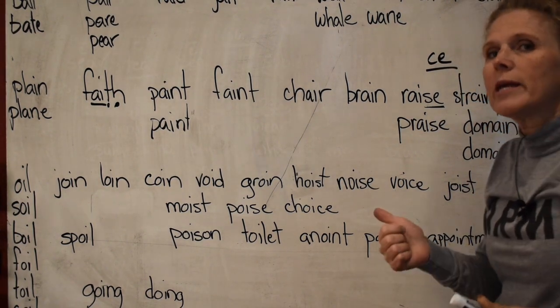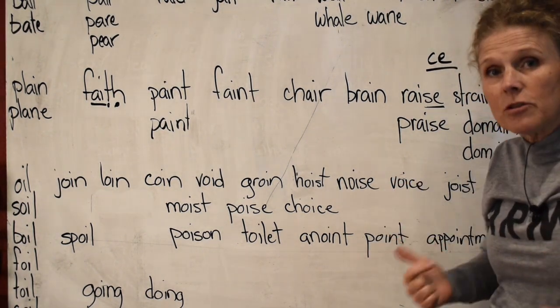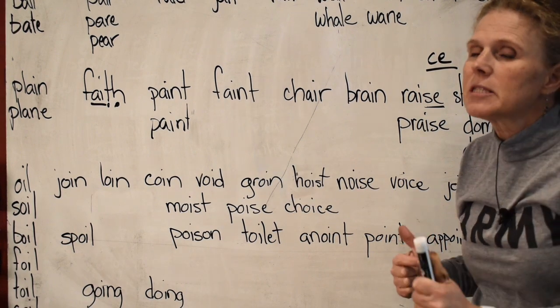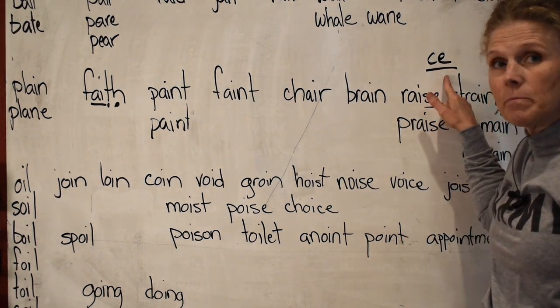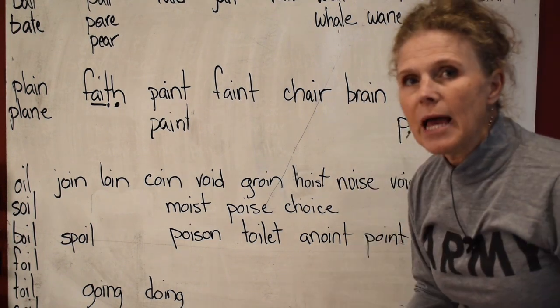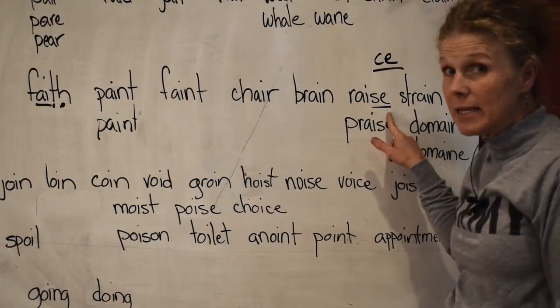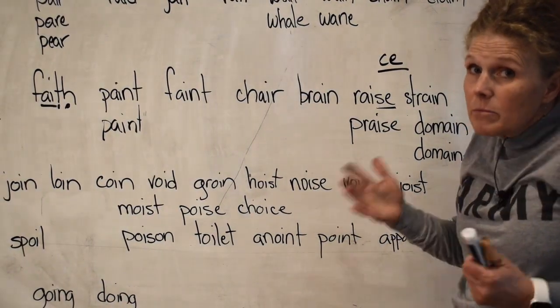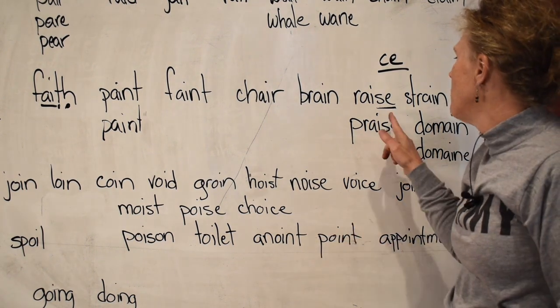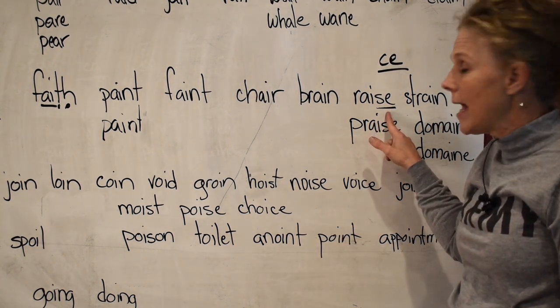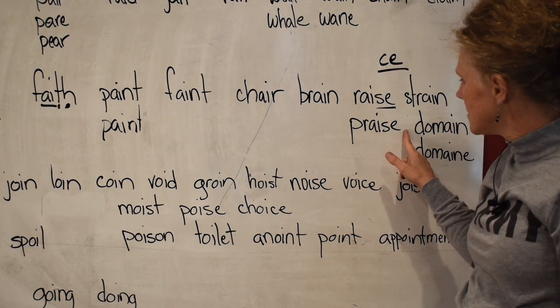So the rule is, if you hear Z at the end of a word, most likely it's going to be an SE, not a Z. Sometimes it'll be a Z, but most of the time it'll be an SE, like praise.